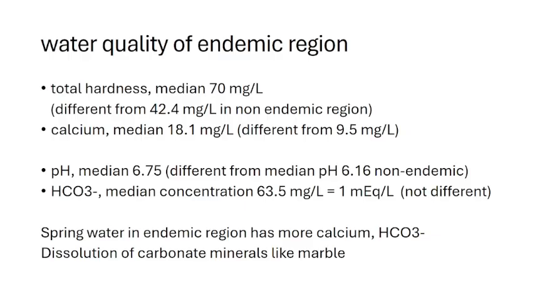The reason I say that is, let's say a patient is drinking water that has 18 milligrams per liter. A typical person might drink 2 liters of water a day. That's only 36 milligrams of calcium. That's not a lot. In the United States, we recommend that patients with kidney stones eat 1,000 to 1,200 milligrams of calcium in the diet.